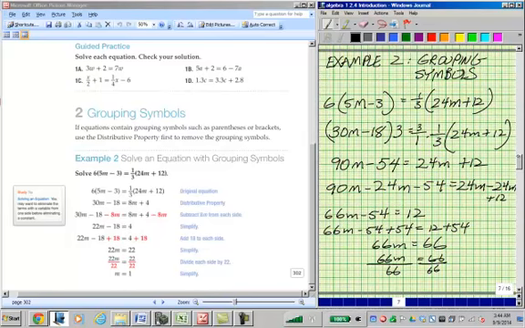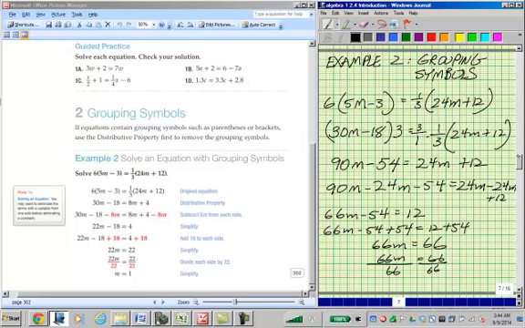Now you have a very easy equation to solve, just like the ones we've been doing. However, suppose it was 25m plus 13 or 11 or whatever, then multiplying by 1/3 is going to create a lot of fractions for you.